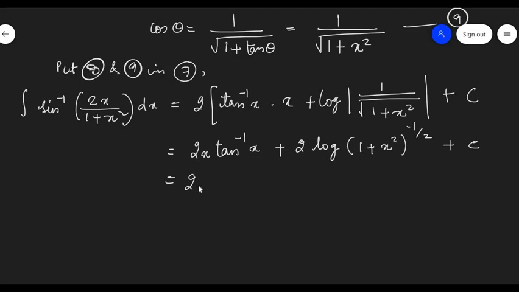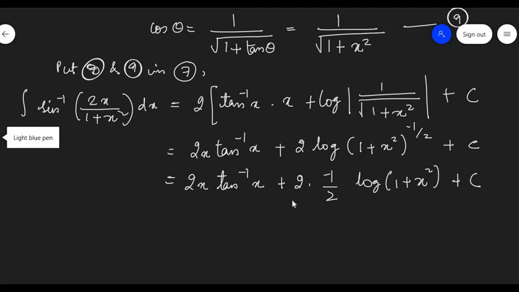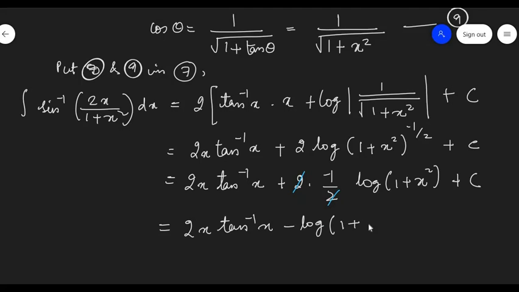So this can be written as 2x tan inverse x plus 2 into minus 1 by 2 log 1 plus x square plus c. So these two, one in denominator and one in numerator, will cancel each other and we will get 2x tan inverse x minus log of 1 plus x square plus c, and this is the final answer.